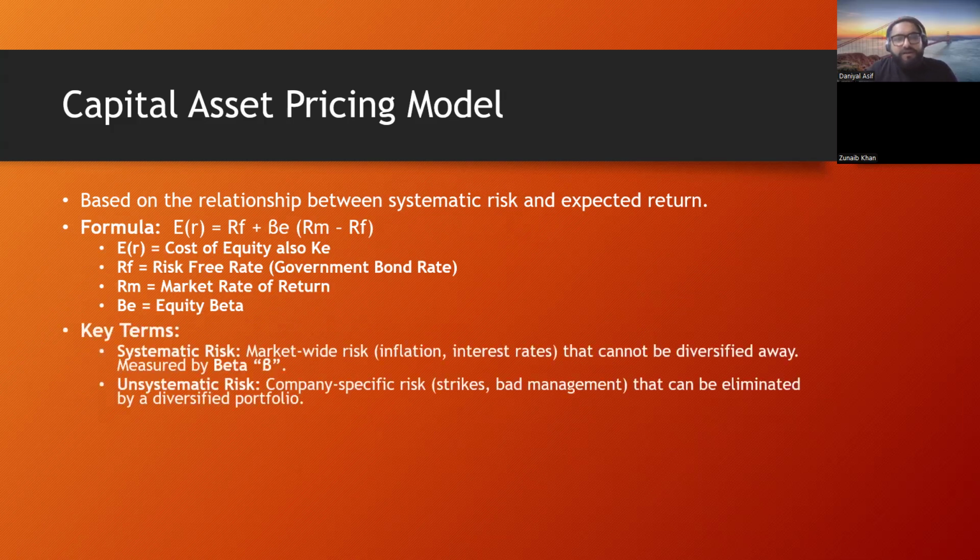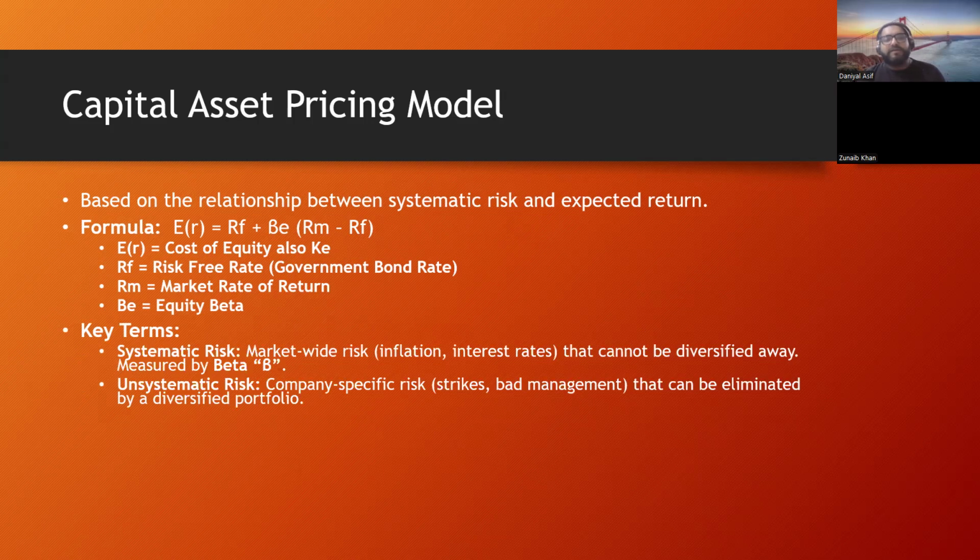The key terms here are systematic risk. It's a market-wide risk which can be either inflation, interest rates, that cannot be diversified away, which means that you cannot divert your company or yourself from these risks. It is there, it is present, and you have to face them. Take them into account.